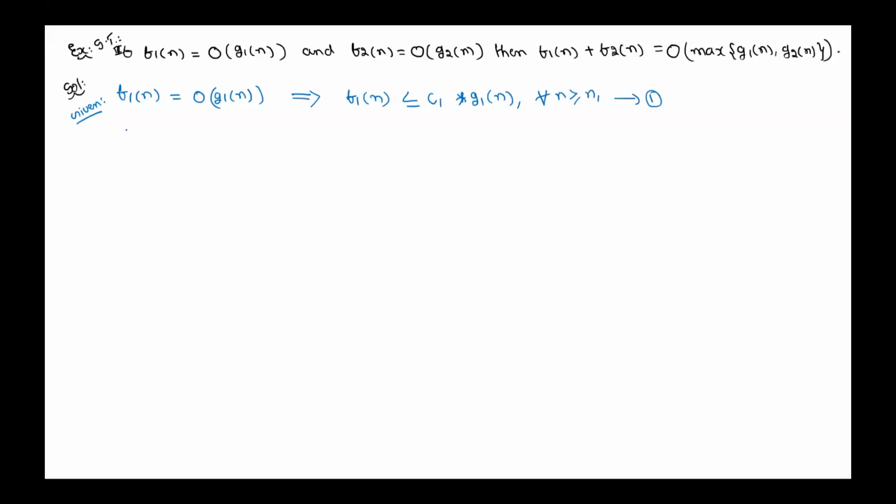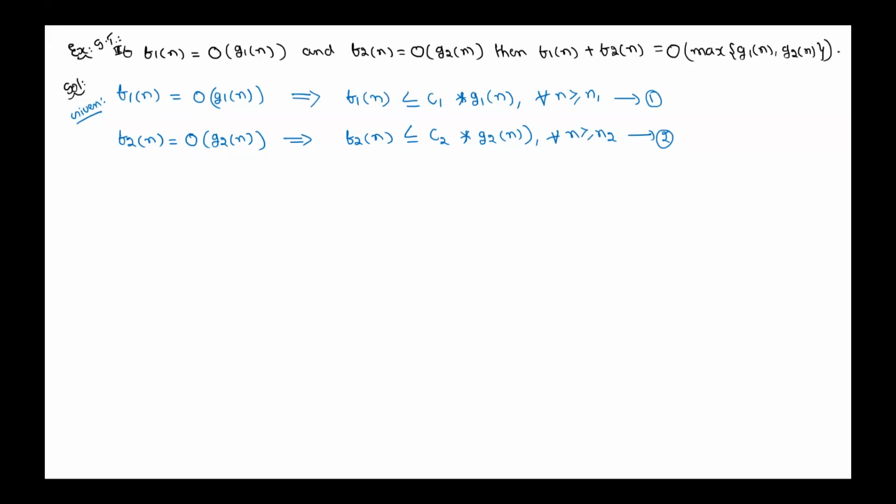Similarly, what is given? f2 of n is big O of g2 of n, which implies there exist some constants, say C2 and n2, such that f2 of n is less than or equal to C2 into g2 of n for all n greater than or equal to n2. Is that correct? Because if this is true, then according to the definition, C1 and n1 should exist, and C2 and n2 should exist.